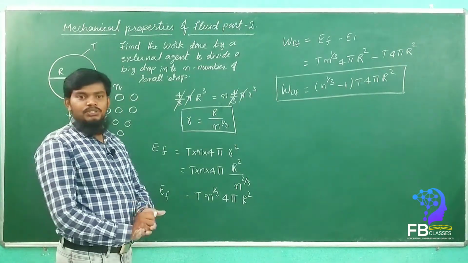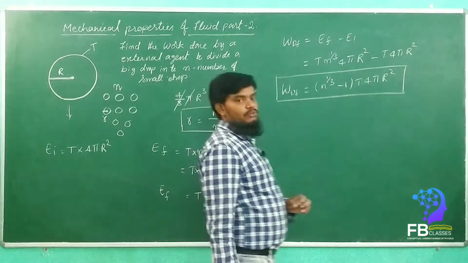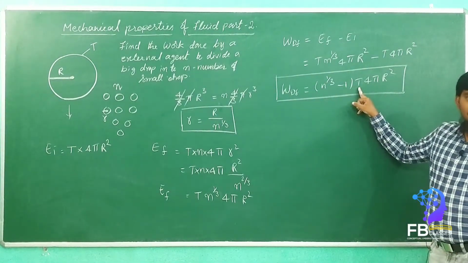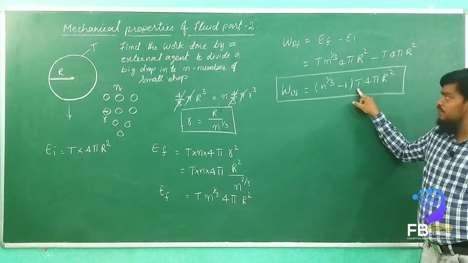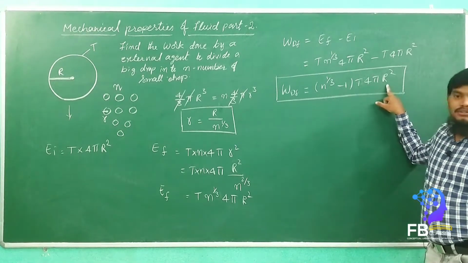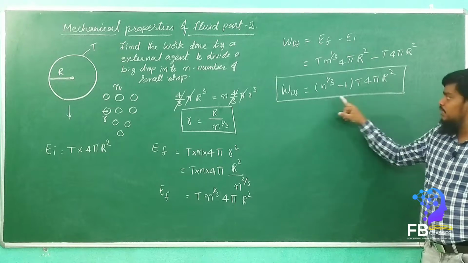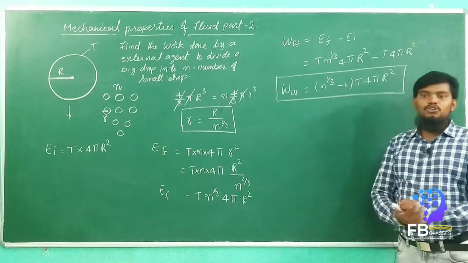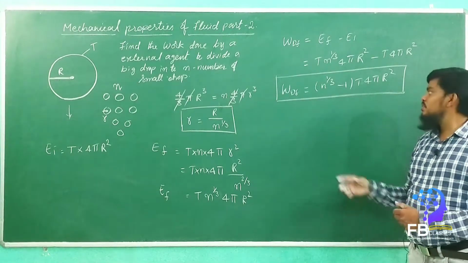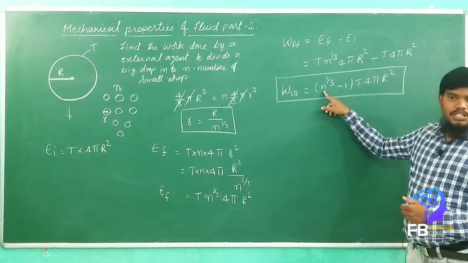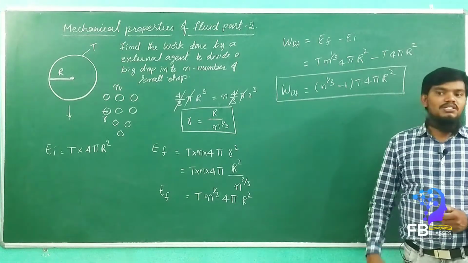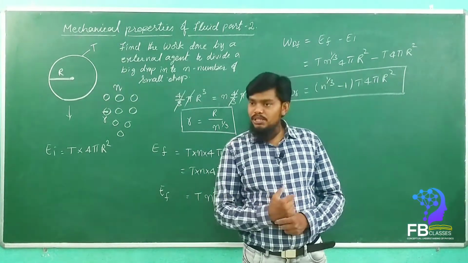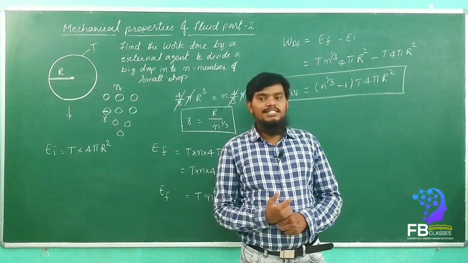In example questions, he will give the surface tension value and the capital R value, and ask how many drops can be made. Otherwise he will give the small n value and ask what the work done by the external agent is. Both can be asked in examinations.